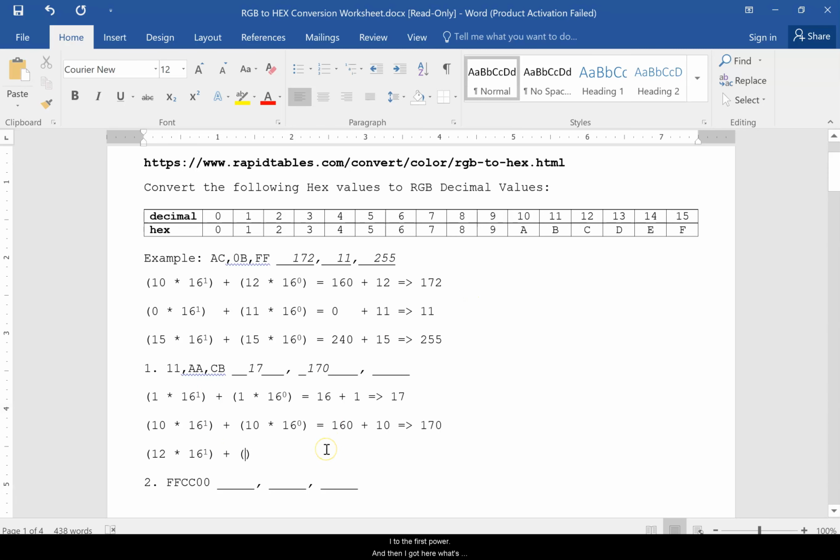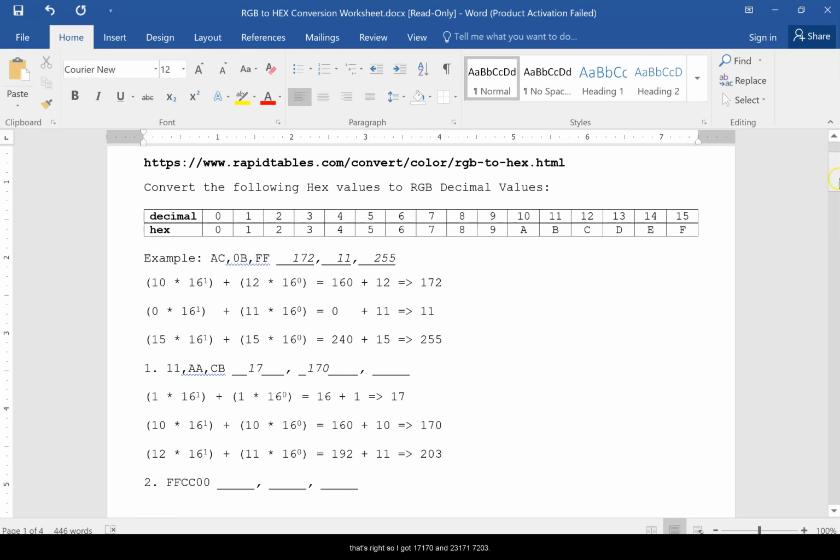B is 11, so we got 11 times 16 to the 0 power, and so that's 192 plus 11, and so that is 203.